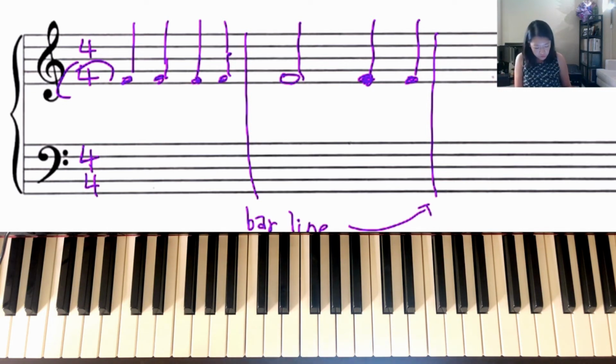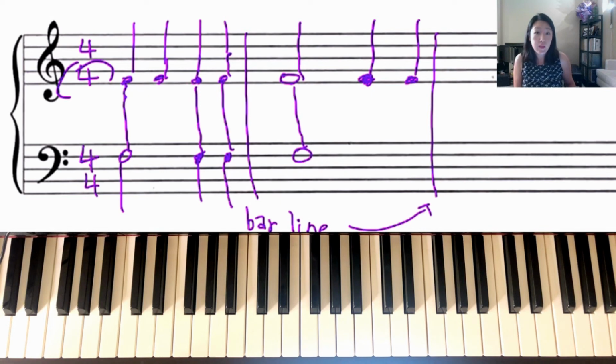And the same thing goes for the bass clef. As long as you have 4 quarter notes worth per measure, or I can have 1 whole note. And depending on where they are, here's the first beat, you'll play these together, like that, and so forth.